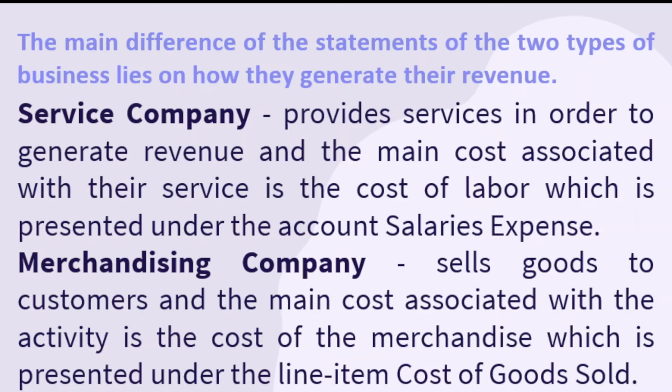For example, nagbenta sila ng ganito, ganyan. Pero other income na lang nila yon. Pero ang main talaga nilang income ay through service. And merchandising company naman, you sell products. And again, ang difference nilang dalawa, si merchandising company, you will see COGS or cost of goods sold, whereas si service company ay wala nito.